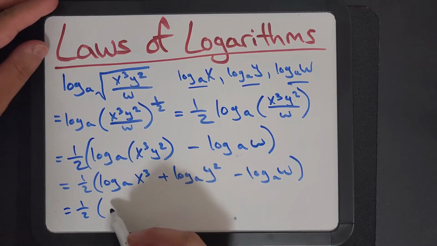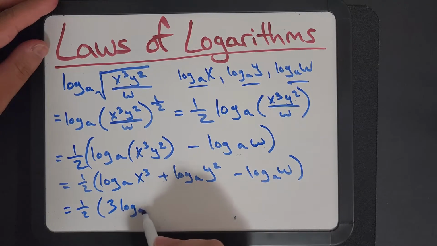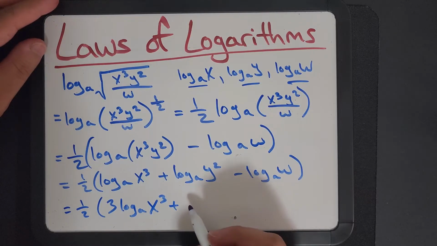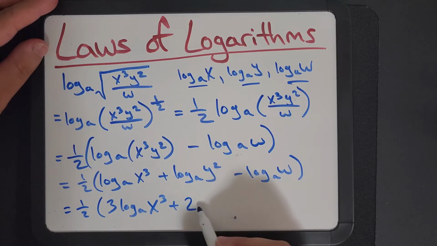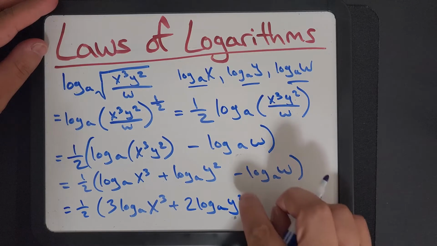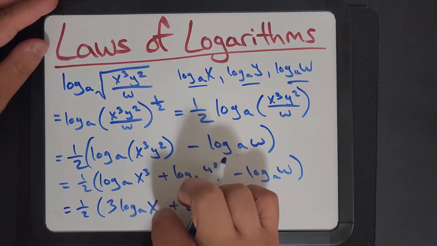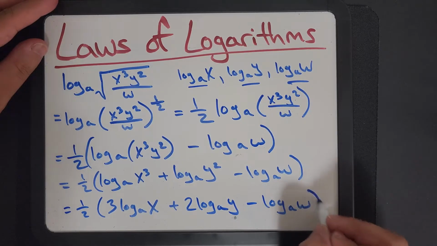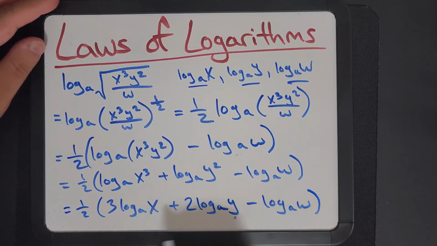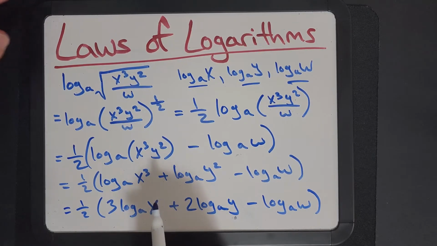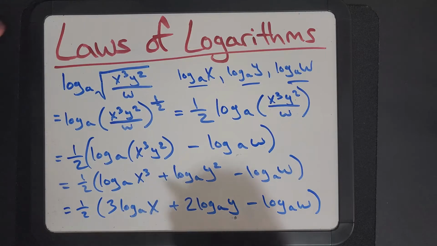Well, for these two, we can do 3 log a x plus 2 log a y. Oh, sorry. I don't know why I'm putting that again. And there we have that. So now I can actually bring this into here and rewrite this.